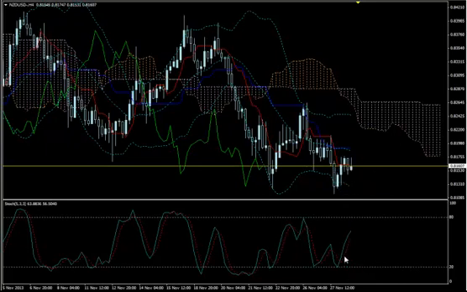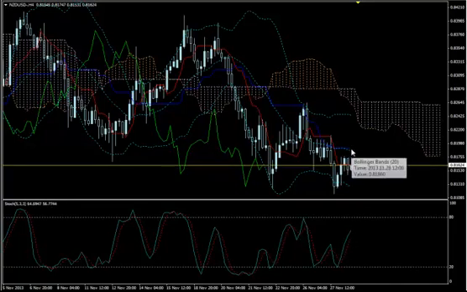The second scenario: stochastics angle turn downwards midway before the price ever reaches the median Bollinger Band, like it happened here. They started going up, then they curved down, and price reached that point and then started falling again.